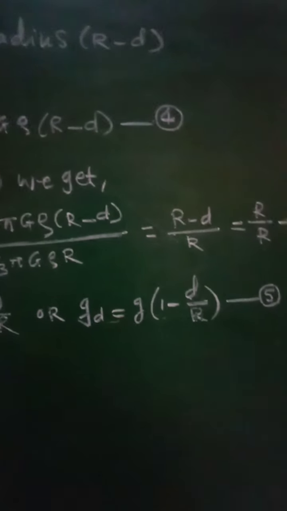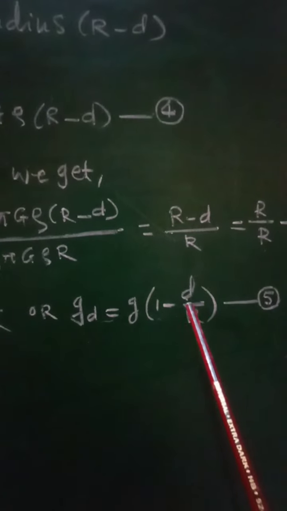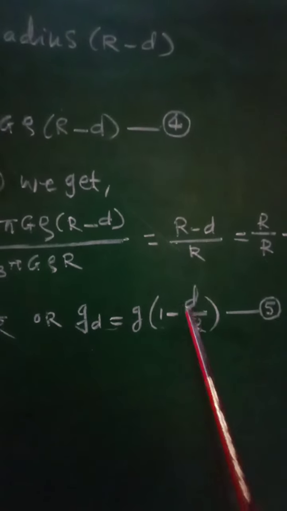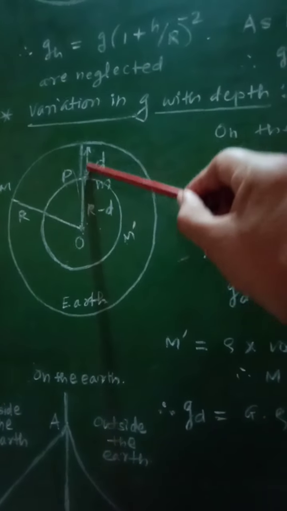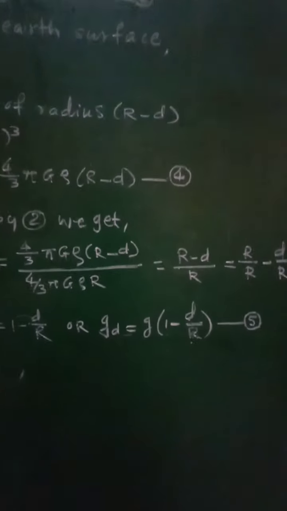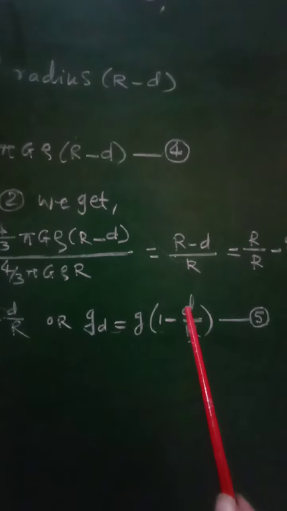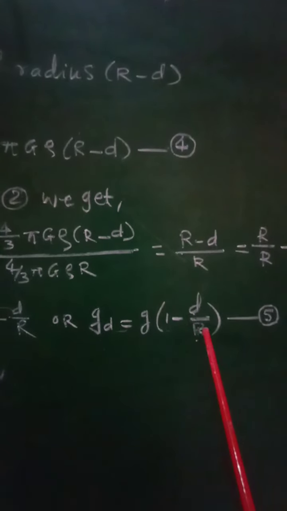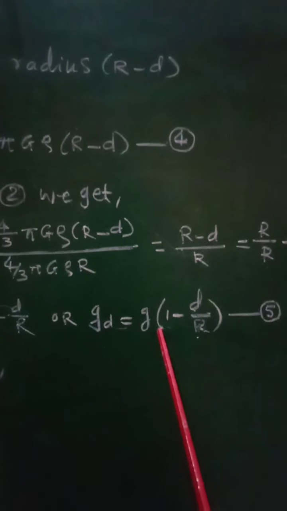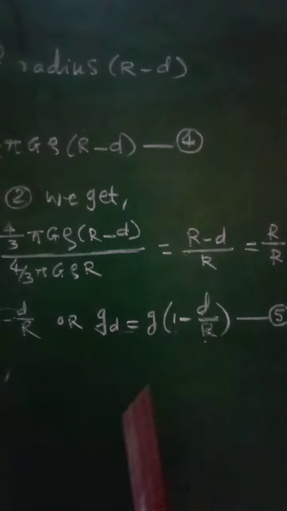So consider a special case: if d is equal to r, that means if we reach the center of the earth, then d will be equal to r, and therefore r by r is 1, 1 minus 1 will be 0, 0 into g we will get 0, and therefore gd will be equal to 0.